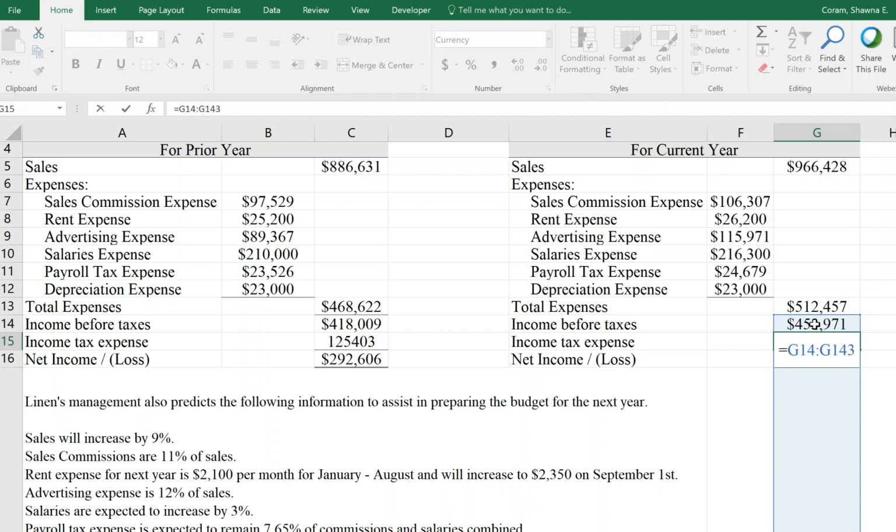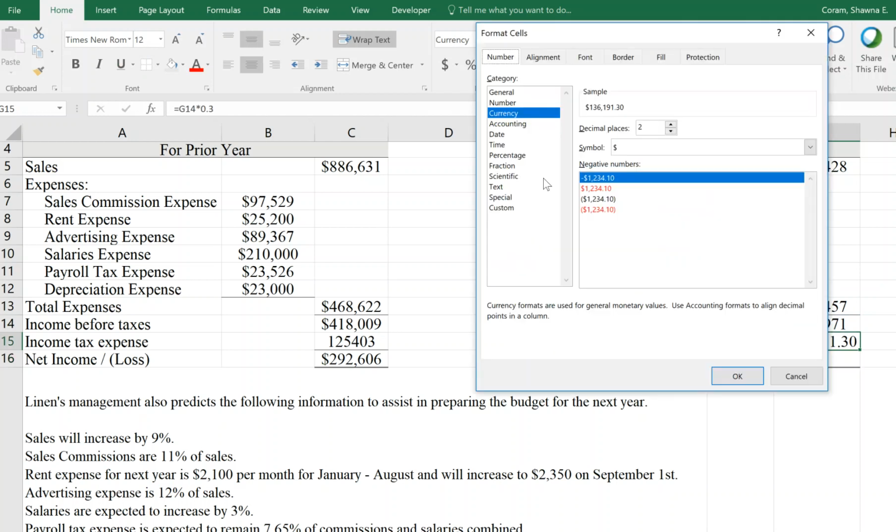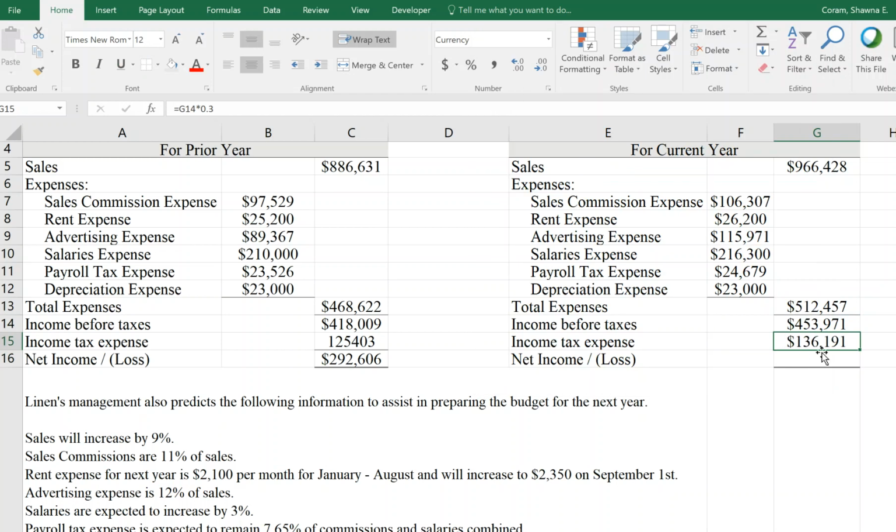So oops, let me escape out of there. What I want to do is take that number and multiply it times 0.3 or 30%. And again, that didn't come out rounded, so I'm going to go ahead and adjust that cell, take it down to 0 decimal places. So we get 136,191.